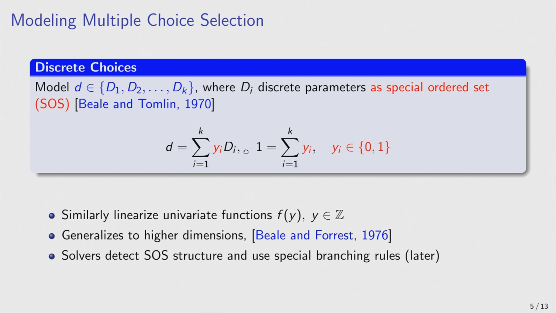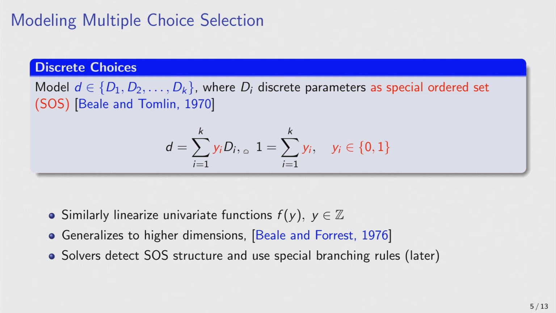So there were k discrete choices, d1 through dk, and I have one binary variable per discrete choice. And the second constraint here says that exactly one of these binary variables has to be equal to 1. So that means I pick exactly one diameter, for example, out of the choice of diameters. And the diameter that I pick is the one that has a 1 here.